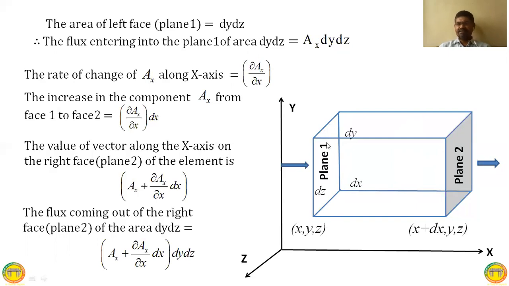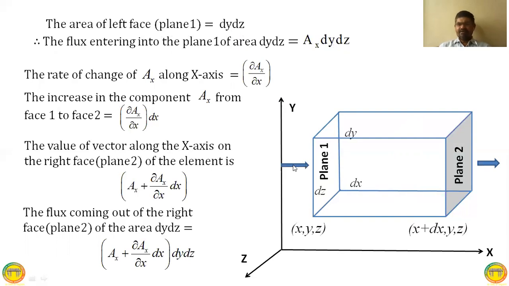The plane area is length into breadth, that is dy into dz. The area of the left face, plane 1, is dy dz, and the value at plane 1 is Ax. Therefore, the amount of flux entering plane 1 of area dy dz is equal to Ax dy dz.